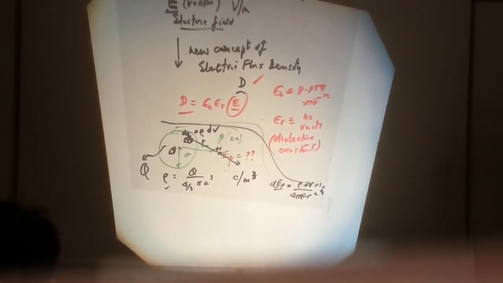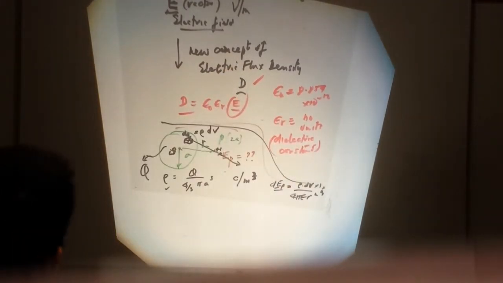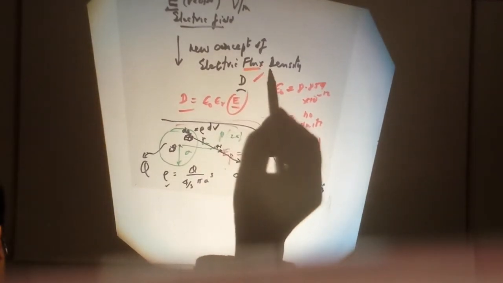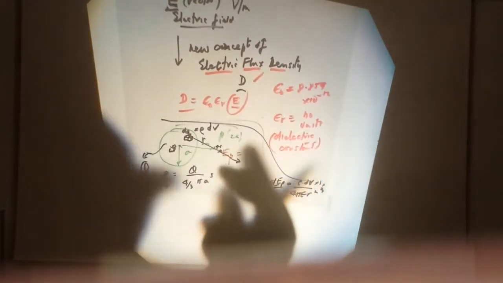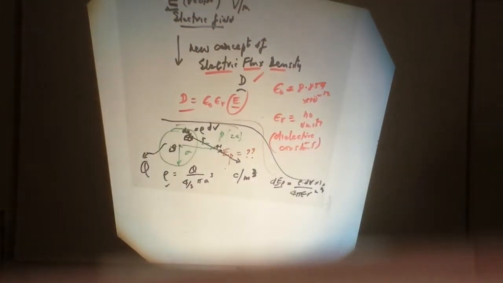So the new method is based on flux density, flux. So what is flux? Flux is the amount of thing that flows, flux density. For example, the light coming from this projector: if I take unit area, the intensity of the light is the amount of light crossing this unit area divided by the area given. That is the light flux density.